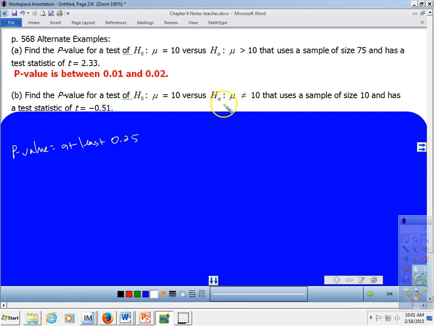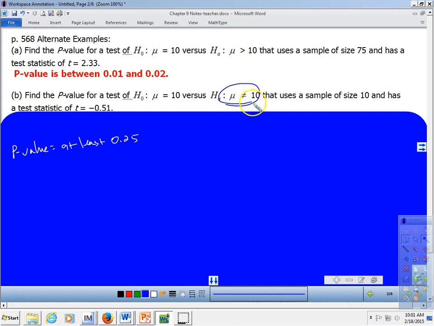But this is not a one-tailed, but a two-tailed test. And so we need both tail probabilities, right? An x-bar that is as large as or larger compared to the claim also has to be considered. It's kind of weird to say. But anyway, it's a two-tailed test.